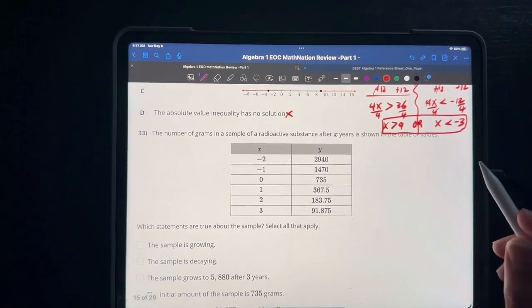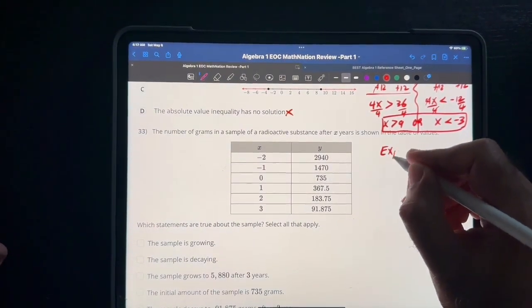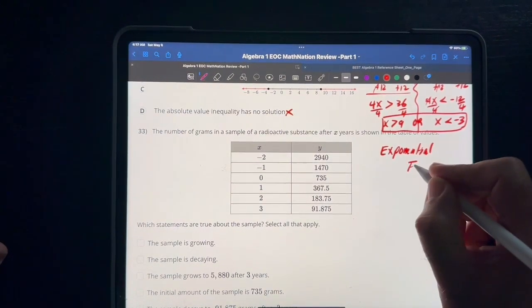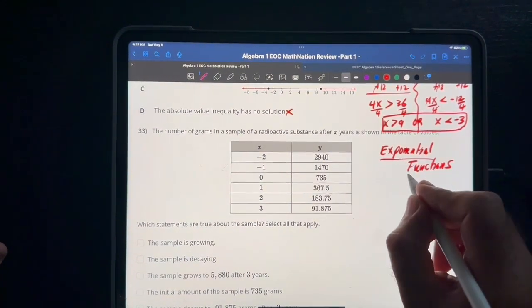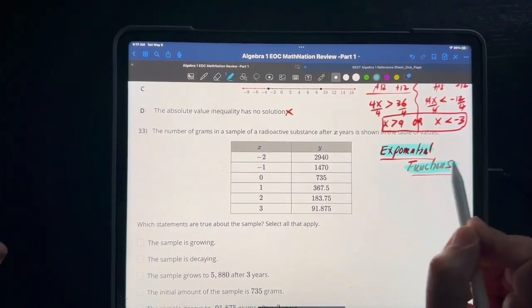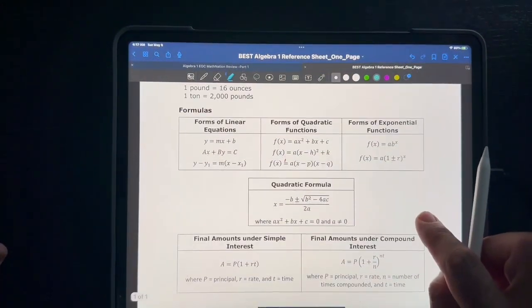So we're done with absolute value now. Now we're getting into exponential functions. The good news, guys, is that these formulas are on your reference sheet. So let me flip over to the reference sheet here. Boom, right here.